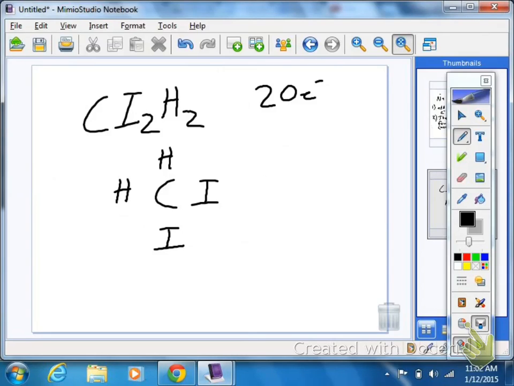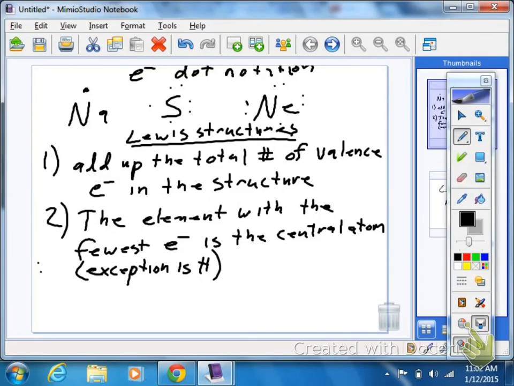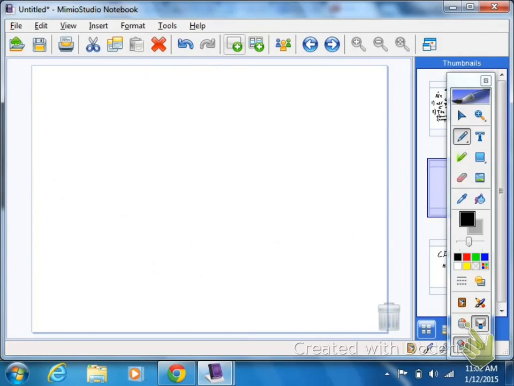Right. The third step that you would have to do would be show at least one shared pair between the central atom and the branched atom.